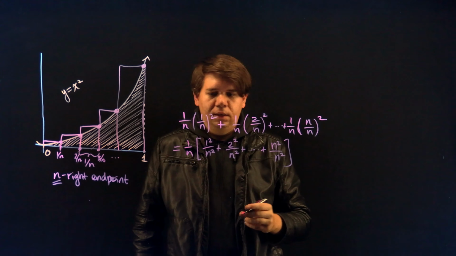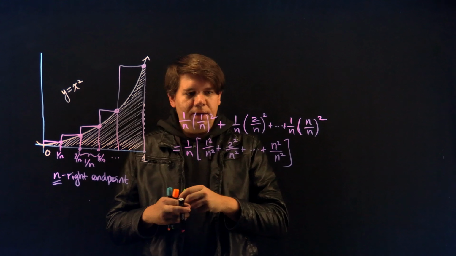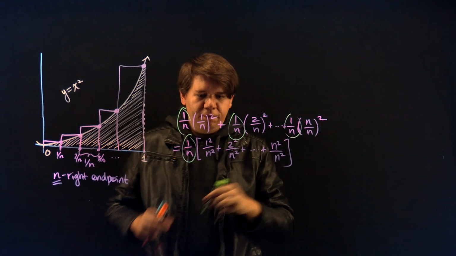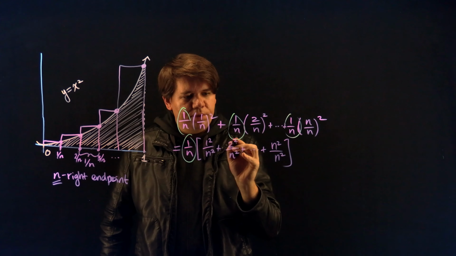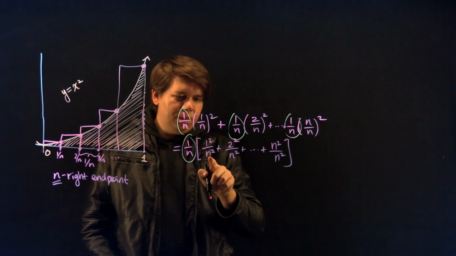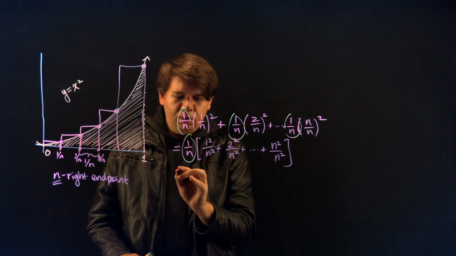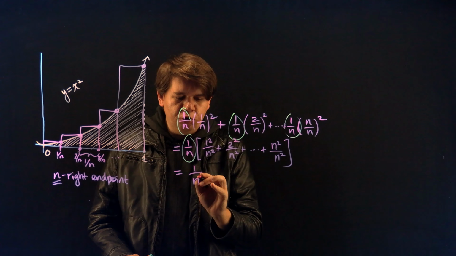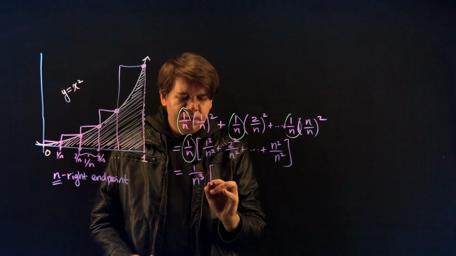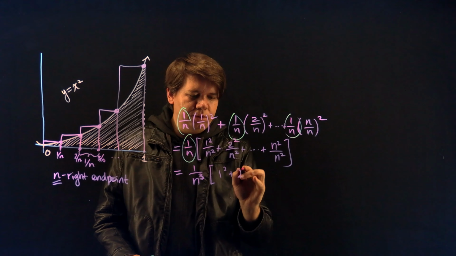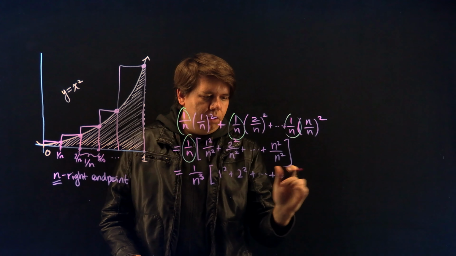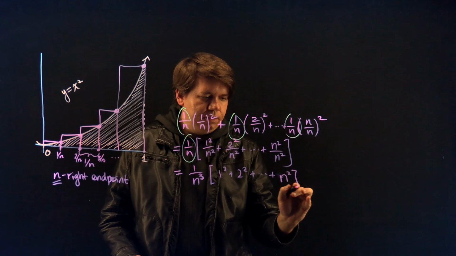I pulled out these 1 over n's, leaving me with this expression. Actually, I could also pull out this n squared on the bottom. So I could make this a 1 over n cubed, pulling out the n squared, times n to get 1 over n cubed, and be left with just 1 squared plus 2 squared all the way through n squared.